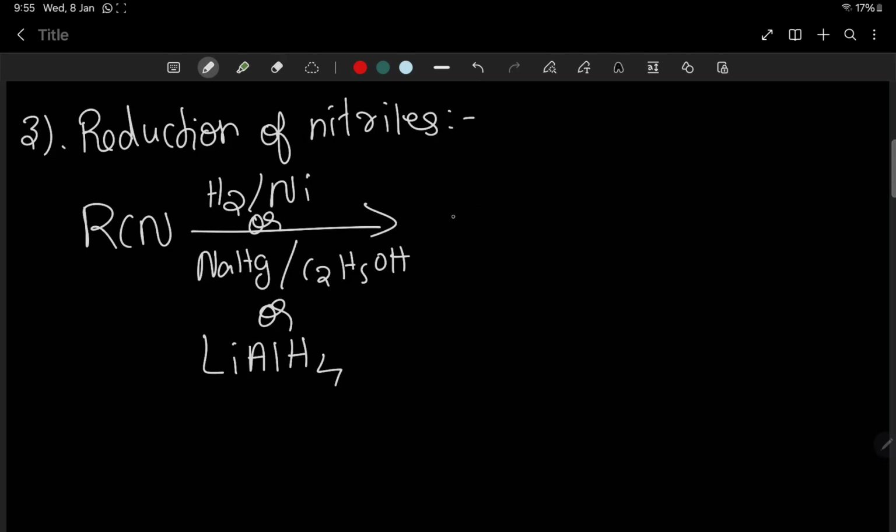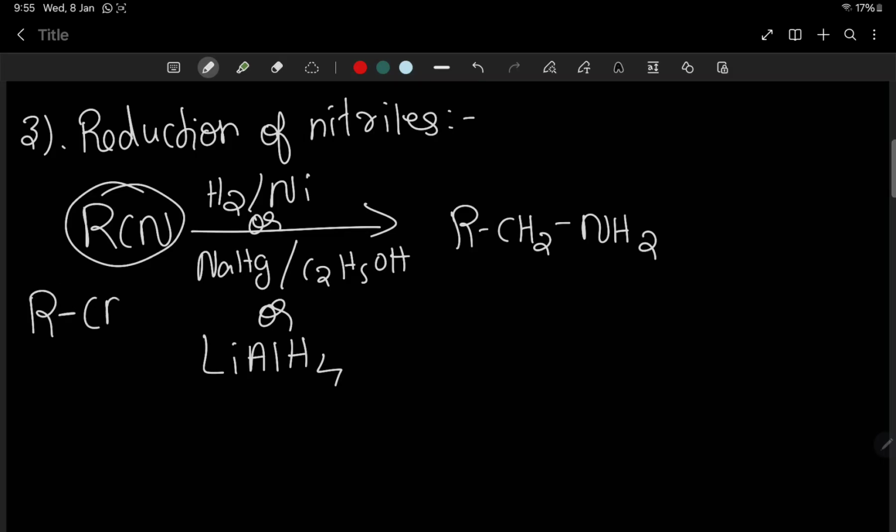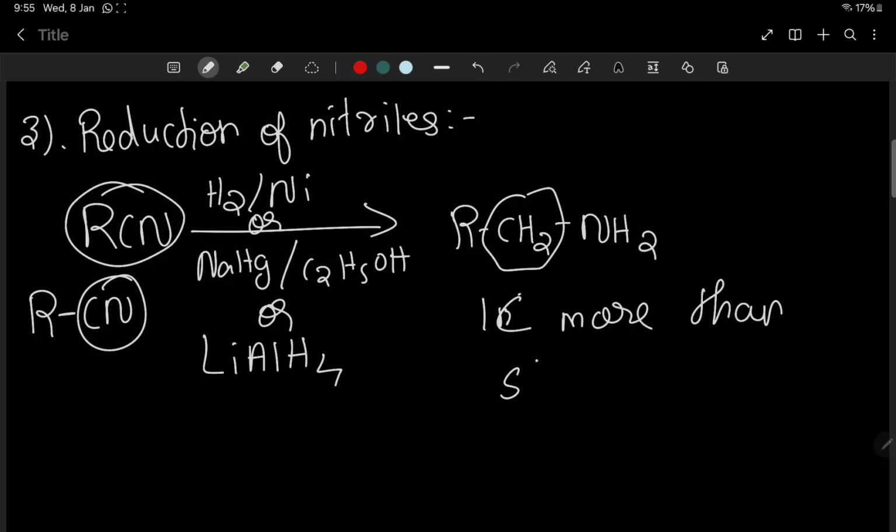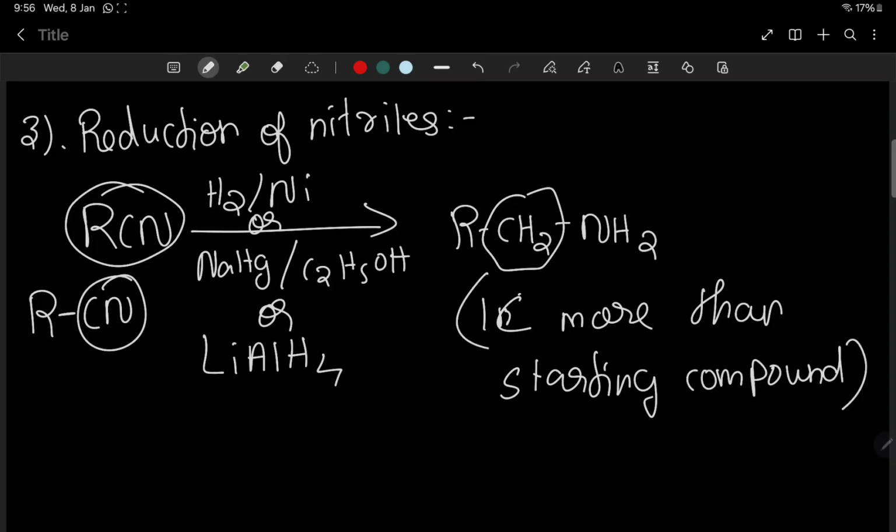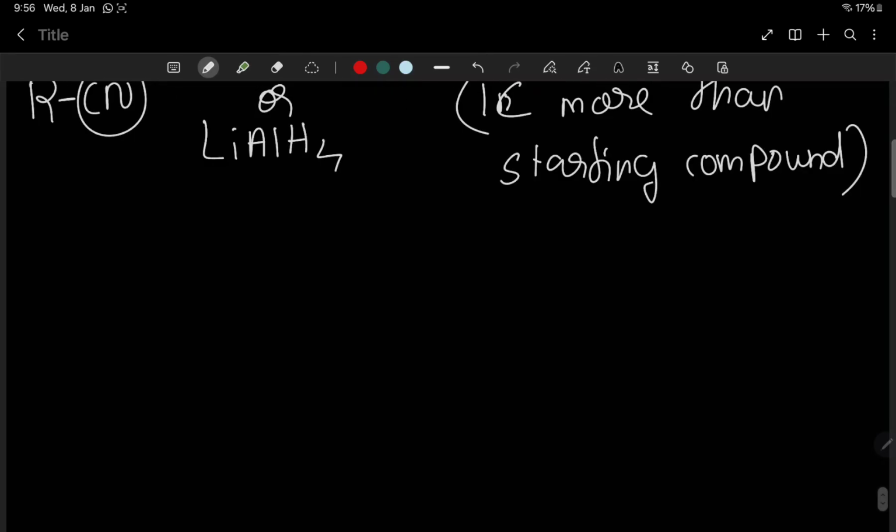What you get is RCH2NH2 as the compound. Here this compound had one R group and a cyanide substituent group. Here the cyanide group changed to CH2. So we got one carbon more than the starting compound. So to get a compound with one carbon more, use this method. So this is reduction of nitriles.